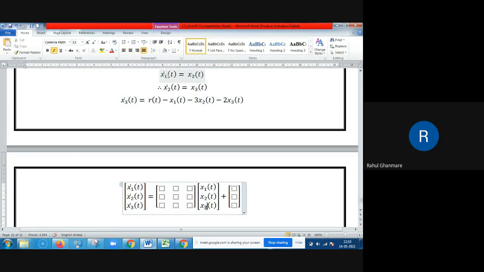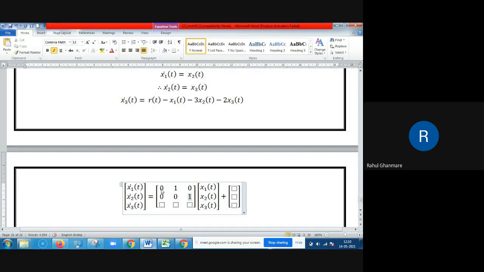Okay. Now, first of all, we see this equation here. X dot of 1 is equals to x2 of t, right? So remaining values are the zeros. So remaining values are 0, 1, and 0. Right? Now, when you see the second, here we have this 0 and 1.